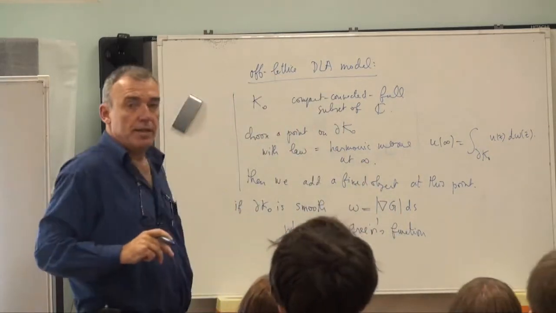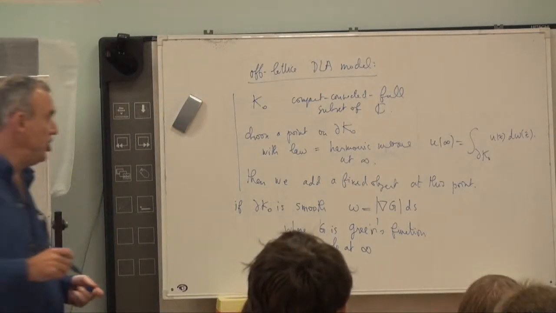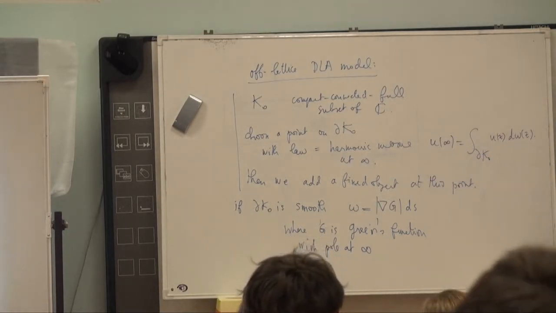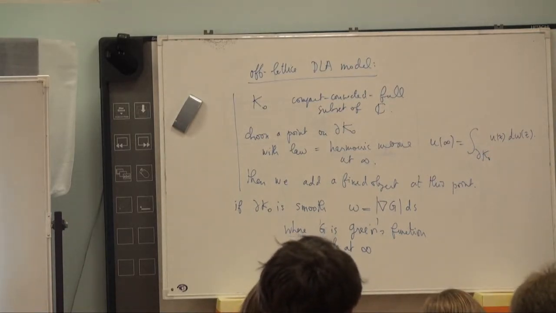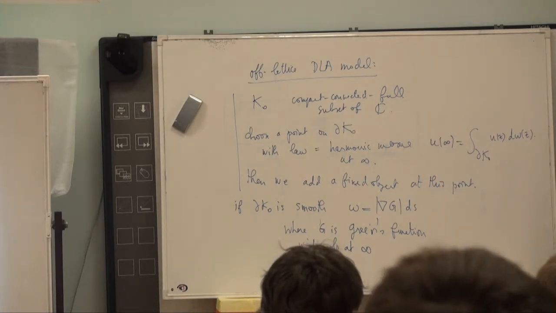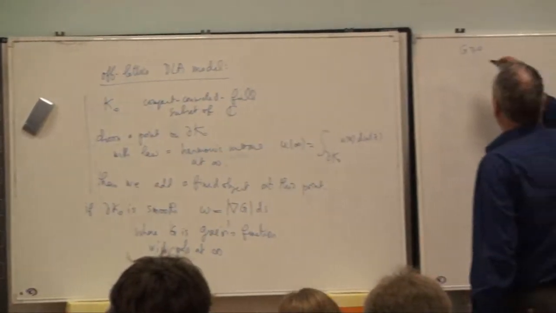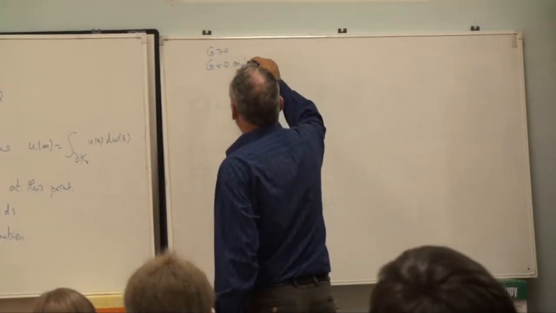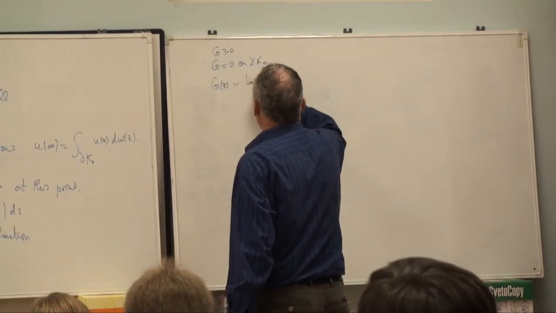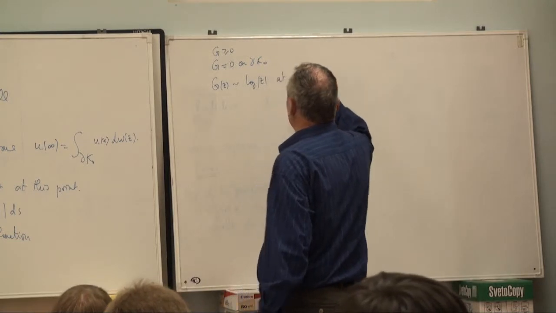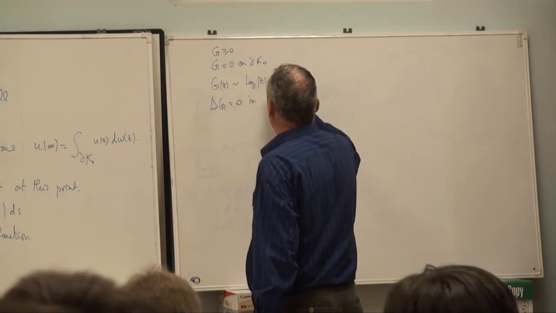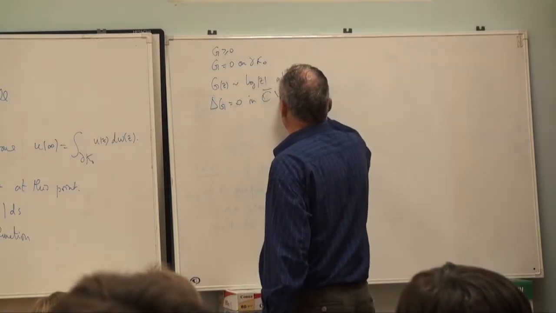What does that mean? It means that G is positive, G is equal to 0 on the boundary, and G of z looks like log modulus of z at infinity. And G is of course harmonic in C bar minus K0.